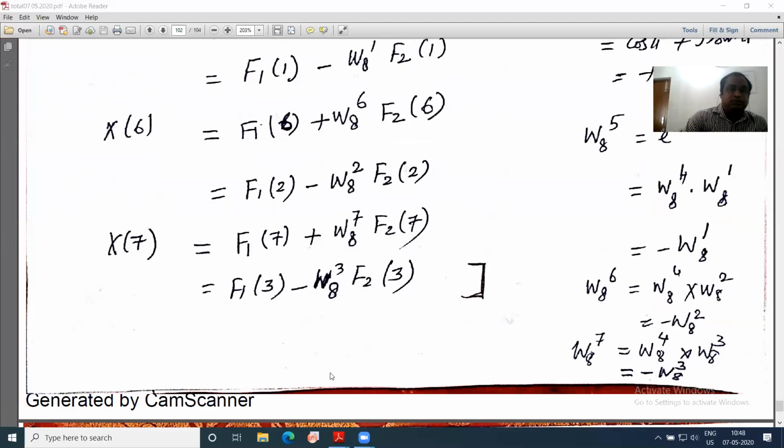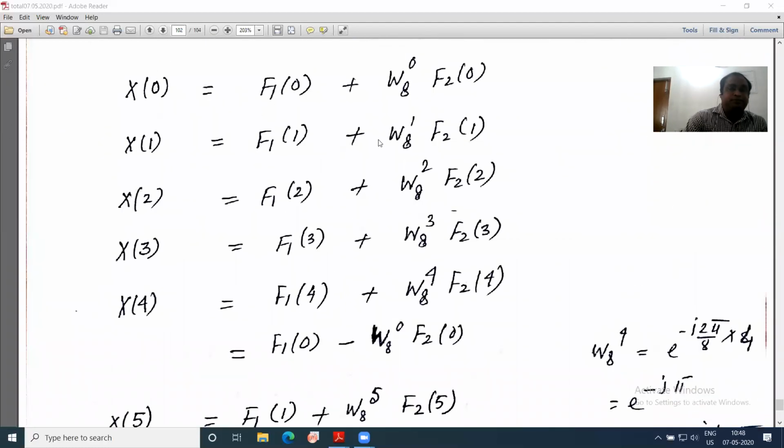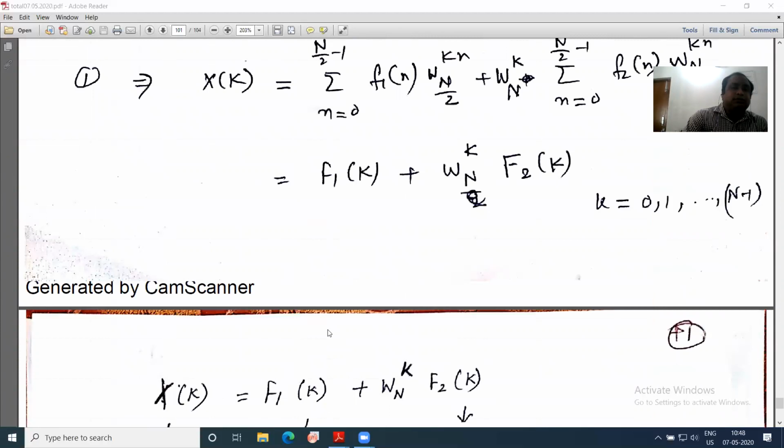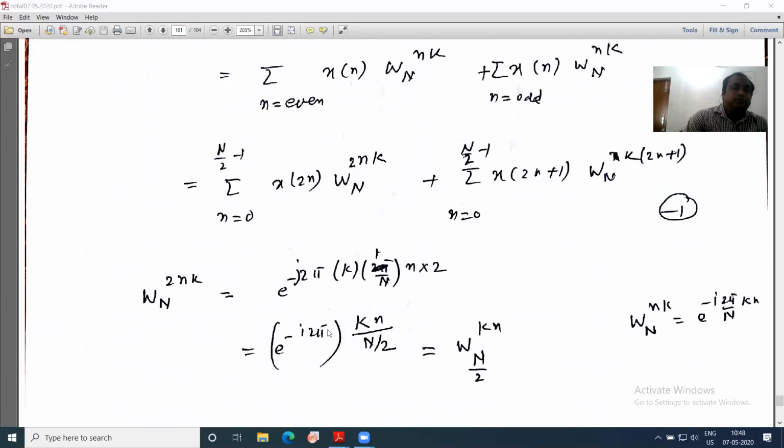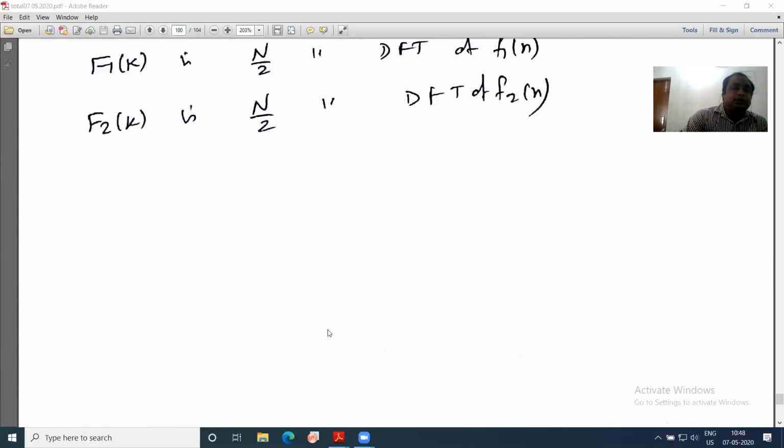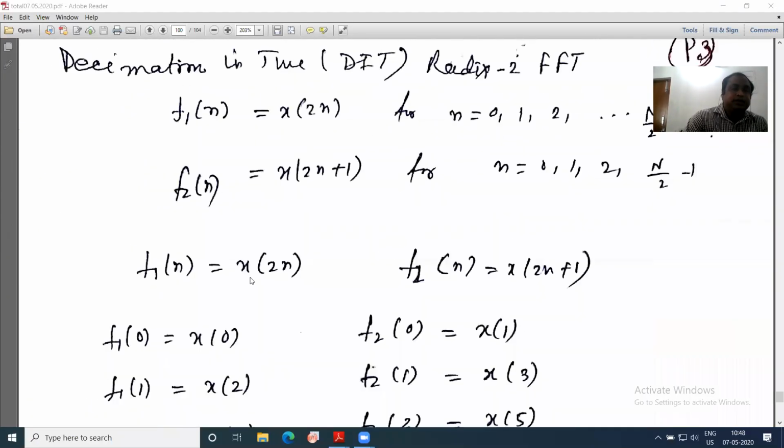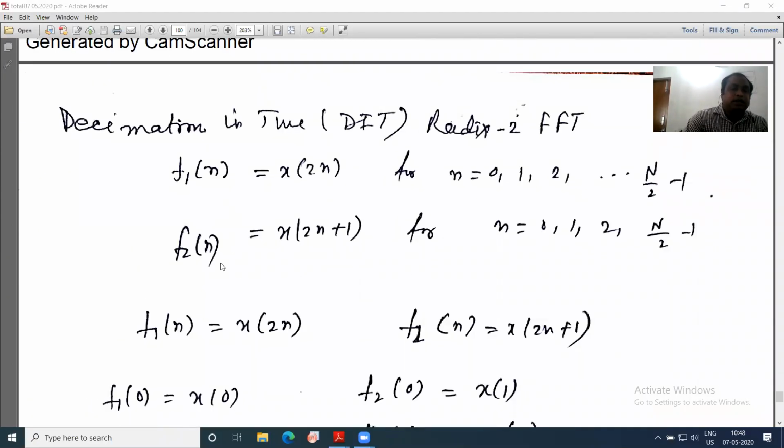Now let us look at this example again, this problem again. See what we have done. We have developed F1 of n and F2 of n from X of 2n and X of 2n plus 1 using this equation. Now F1 of n is derived from X of 2n, so these elements essentially belong to X of n.